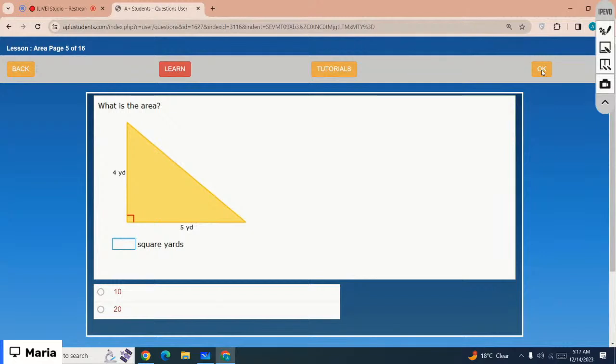So which is the correct option? Yes, it is 10. The correct option is 10.